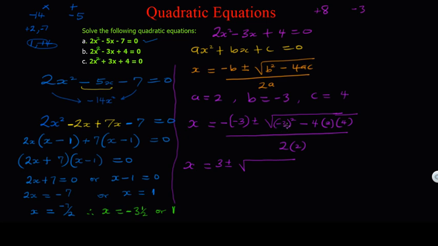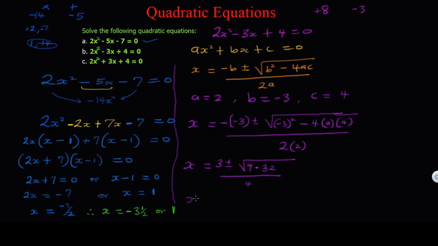So 3 raised to the power of 2 will give us positive 9, minus. If we multiply all this, 4 times 4, 16, multiplied by 2, that's 32, everything over 2 times 2, which is 4.